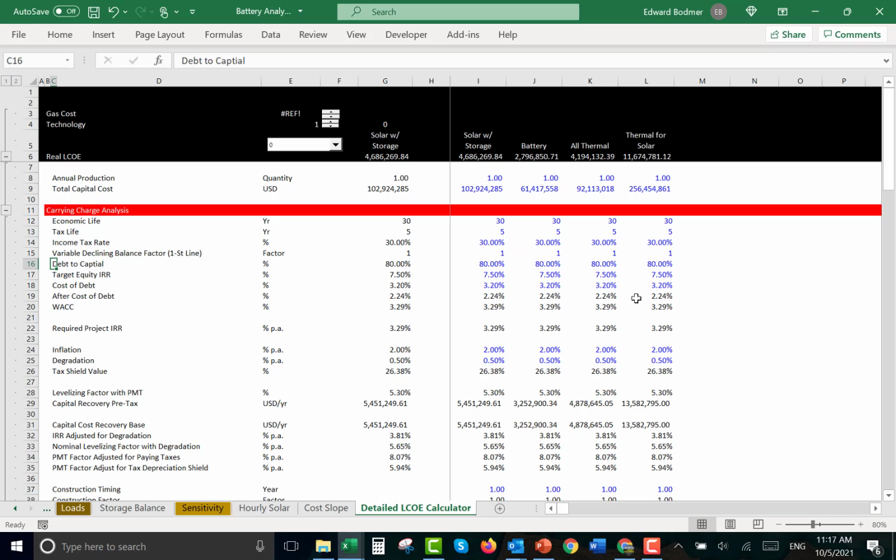We assume we refinance all the way to the end instead of a project finance, which means we can use this weighted average of all the debt that stays at the debt rate and the cost of debt, and we'll put an after-tax cost of debt in and get all our IRRs. But the very first thing we need to do is go and get the tax life.